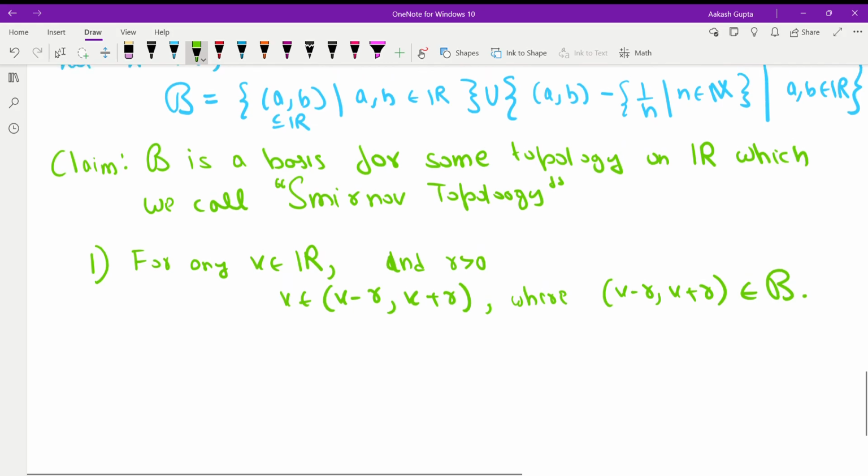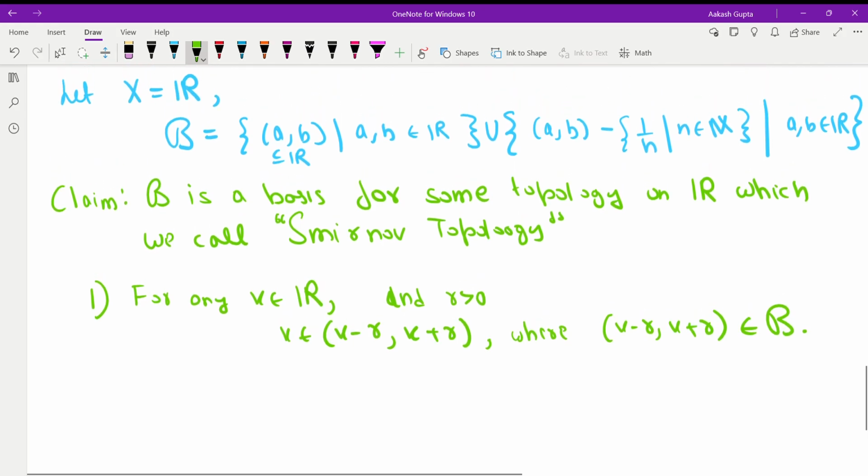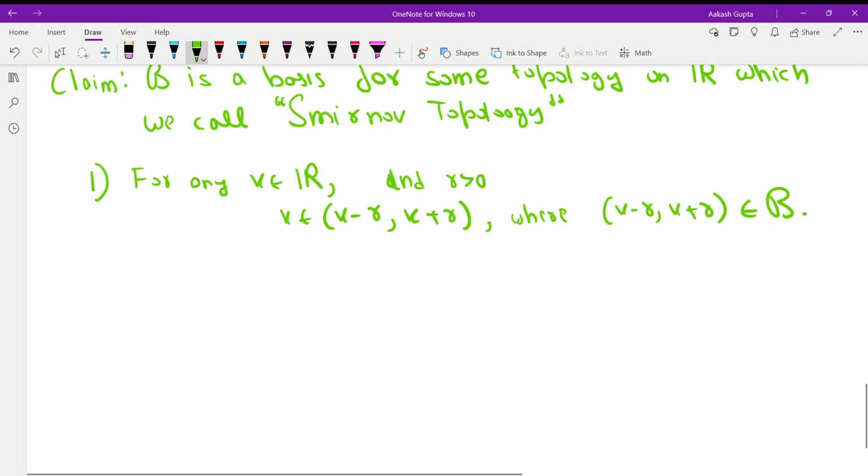You see here the definition of script B. It is the collection of all open intervals with some more sets. What kind of sets? (a, b) minus {1/n}, n in N. These kind of sets. I hope this is clear. So the first property is satisfied.